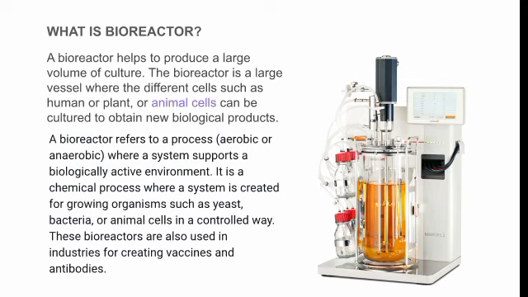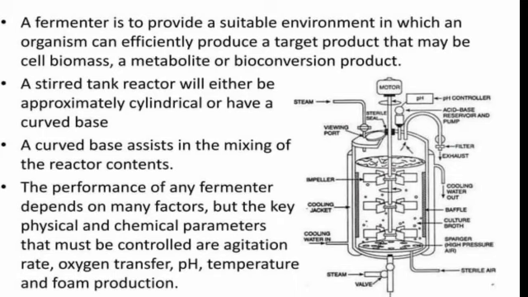I need the product. That is why I am going to the pain of transforming the cells or doing genetic engineering. Coming to the basic structure of a bioreactor, it's a fermenter, if I call it this.